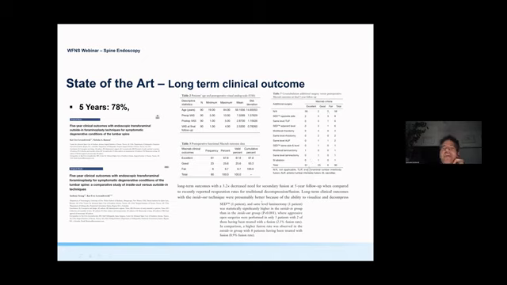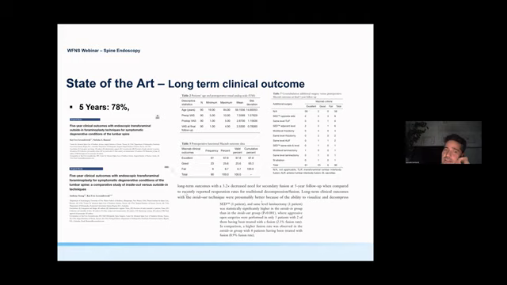If patients did not have an excellent outcome in the beginning, they were associated with higher rates of reoperations or surgical procedures at other levels.